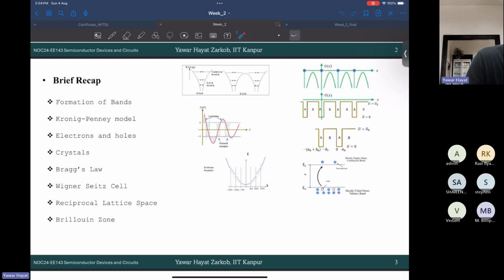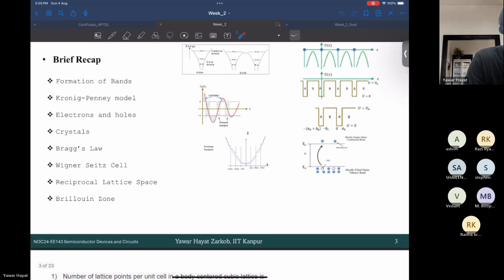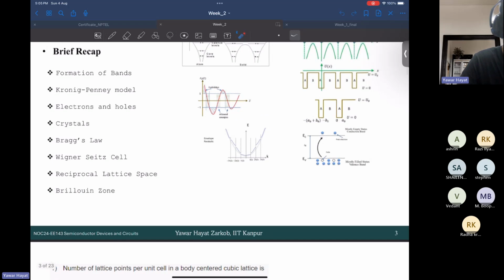So in the Kronig-Penney model, we considered a periodic potential in a 1D crystal, wherein we had some approximations. We went through a detailed treatment, and I'm sure you would have seen the detailed lecture. Then we saw types of crystals like monocrystalline, polycrystalline, and the rest.